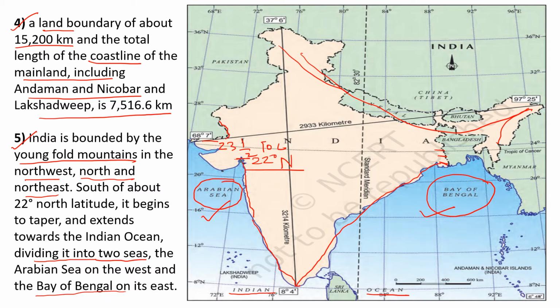So India is bounded by young fold mountains in the northwest, northern side and northeast, and south of about 22 degrees it begins to taper and extends towards the Indian Ocean, dividing it into two seas, the Arabian Sea on the western side and the Bay of Bengal on the eastern side.